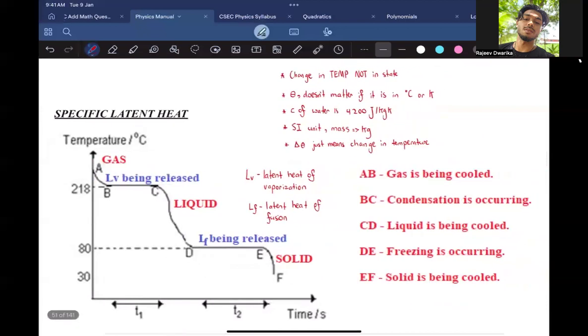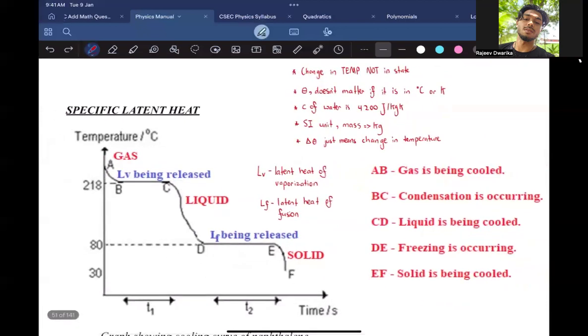And make sure you write A to B is the gas being cooled, B to C is condensation, C to D is the liquid being cooled, D to E is freezing, and E to F is a solid.